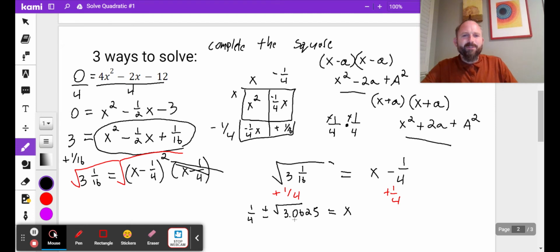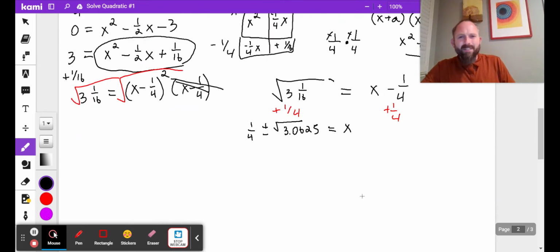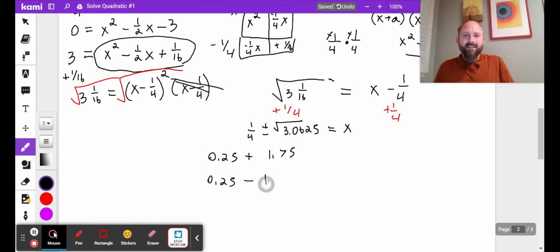So what happens is, I'm going to write this right here. Let me scroll down a little bit. I'm going to have two different answers. I have 0.25 plus and 0.25 minus, and the square root of this number is actually 1.75. So 1.75 equals x.